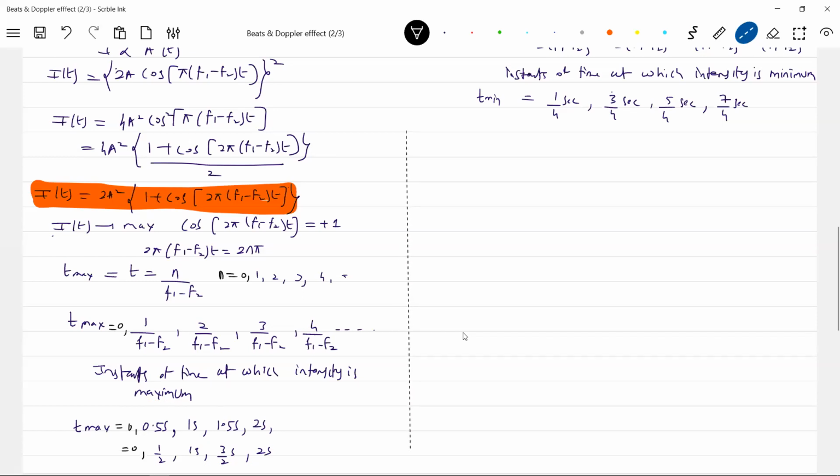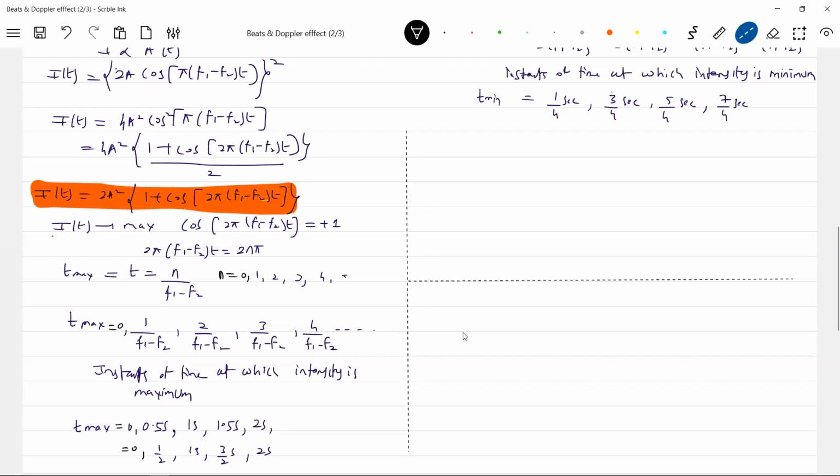This will be a very, very useful graph for you. So the overall idea, intensity cannot be negative. I think everyone knows intensity should not be negative. So what is the frequency that we have? 2 hertz is what we have.